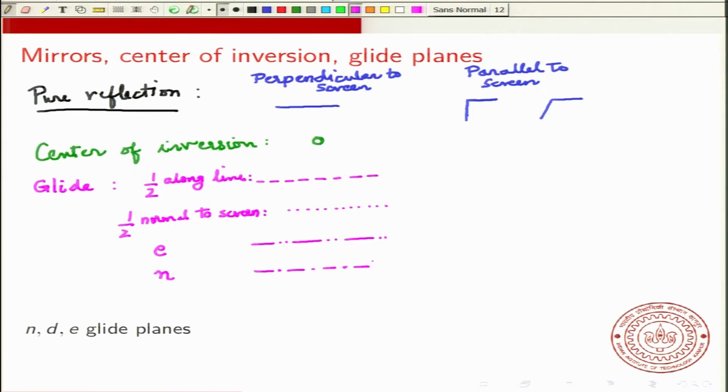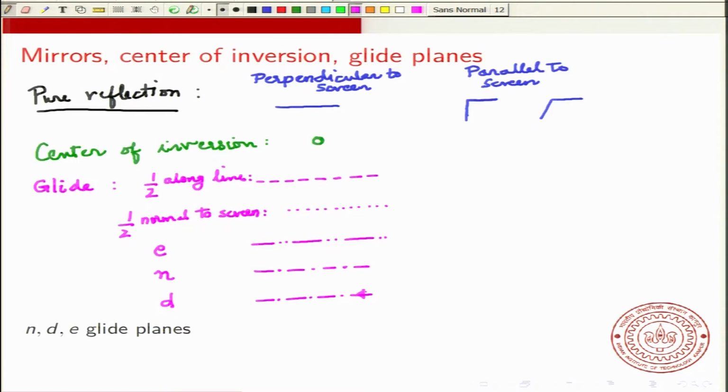Then you could have a diamond glide, that is D, a diamond glide plane, and this symbol is very similar to the diagonal glide, but there is an arrow drawn to indicate that it is a diamond glide plane. So these are the various glide planes that you could have that are perpendicular to the screen.